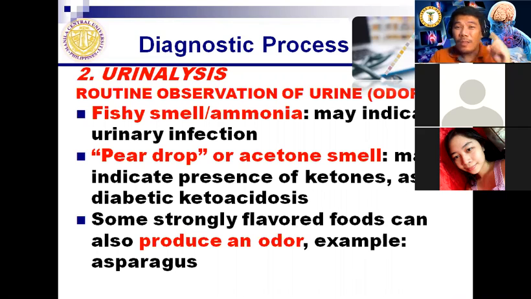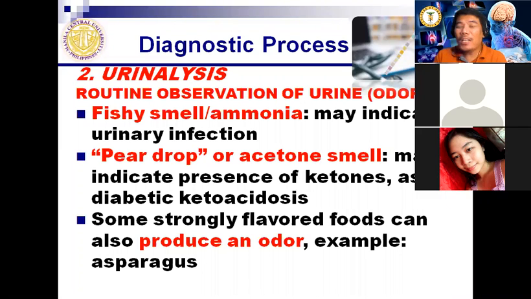Why? We have the glomerular filtration barrier. The glomerular filtration barrier prevents the molecules of protein, ketones, and glucose from going out, unless there is a problem with the barrier or there is an extreme increase in the level of glucose, ketones, and protein.